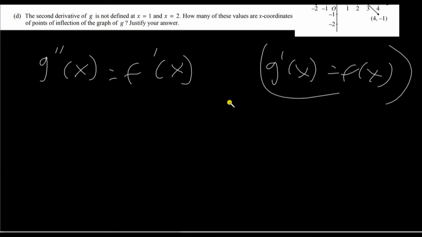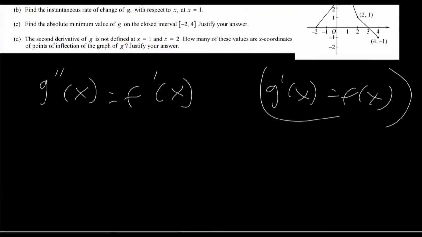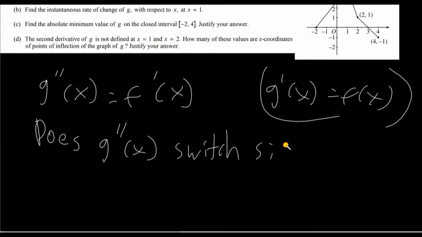So does the second derivative switch at x equals 1 and at x equals 2? Right, so we're asking, does g double prime of x switch sign at x equals 1, x equals 2?